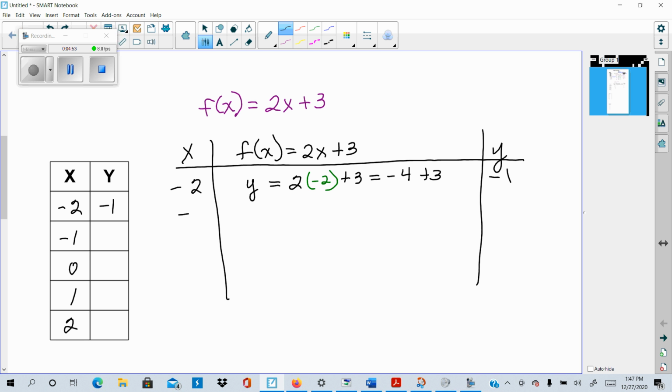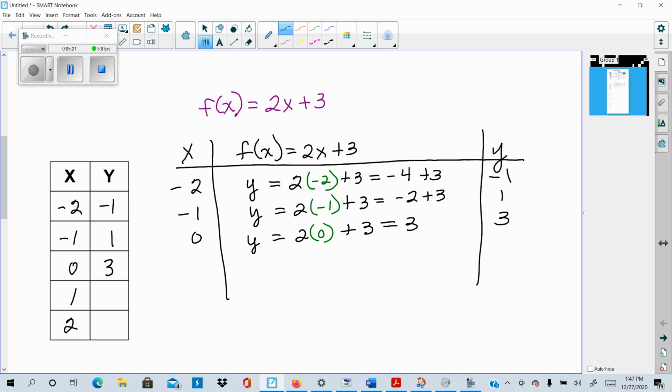So now if I plug in -1 for x, y is equal to 2 times -1 plus 3. That's going to give us a negative 2 plus 3, which is a positive 1. At 0, y is equal to 2 times 0, which we know is 0. So it's going to be 3. Now remember what I told you to look at when you're at this, when x is 0, y is 3, and that coincides with that positive 3 up there. Let's go back to finish filling this out.